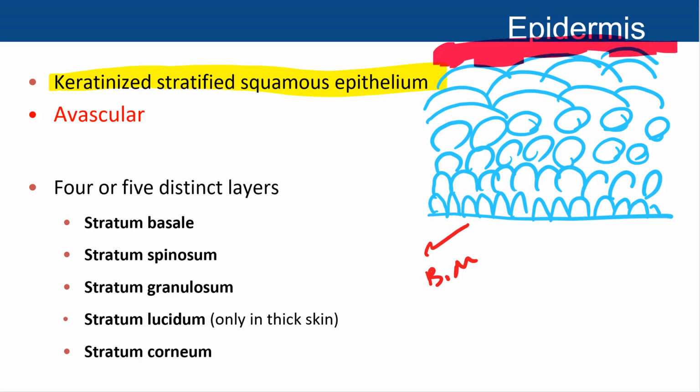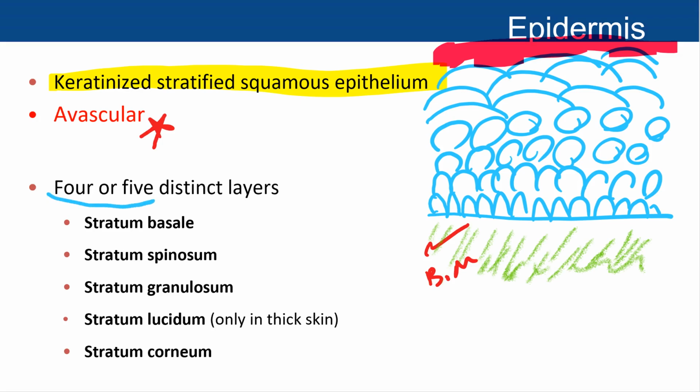This is our keratinized stratified squamous epithelium. And also, you know that it is avascular, which means it doesn't have any blood vessel to supply it, and it's always going to be supplied by a connective tissue that we always have below the epithelial tissue or under the basement membrane.